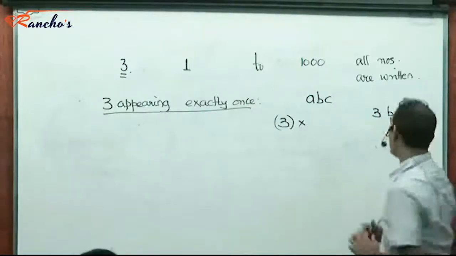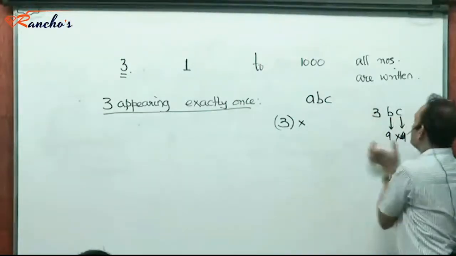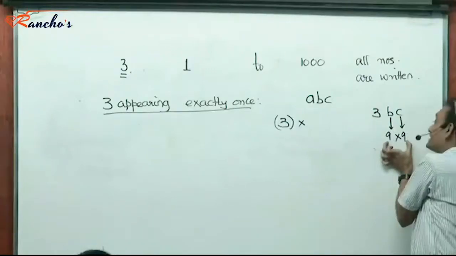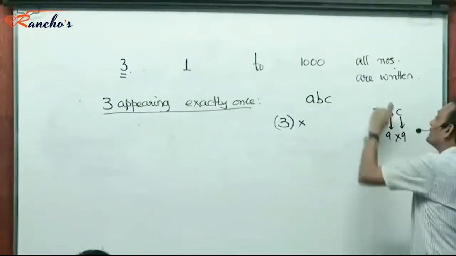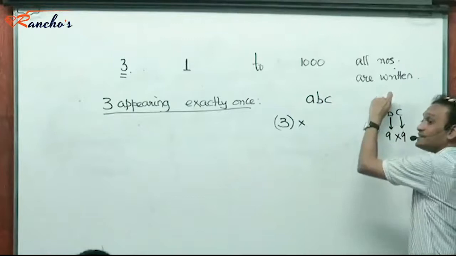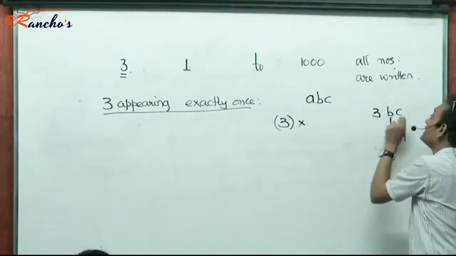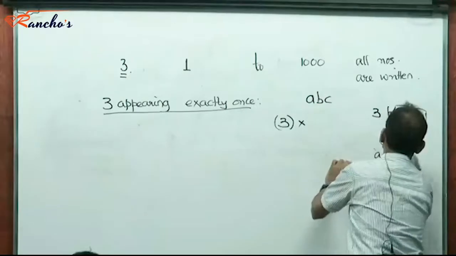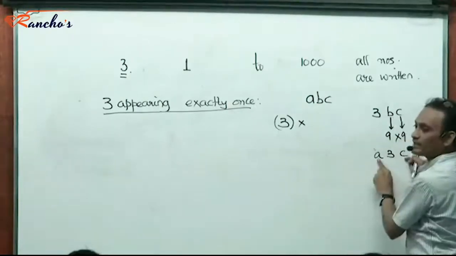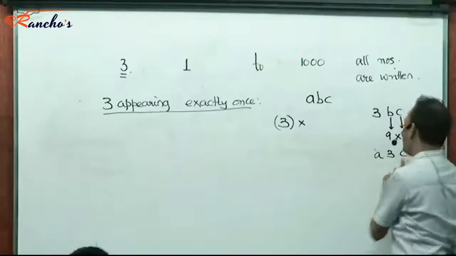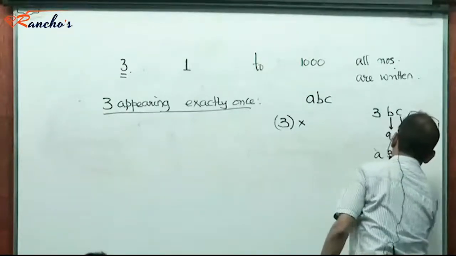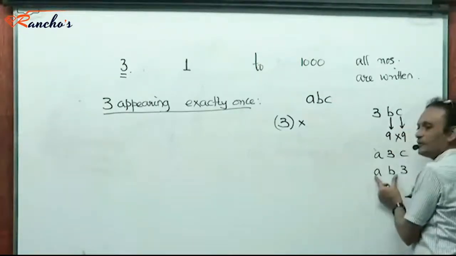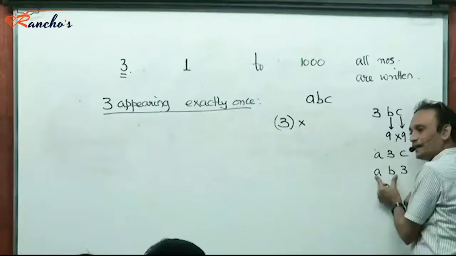Yes or no? That means with 3 appearing here, the number of ways in which the remaining 2 could be selected is 81. With 3 appearing here, the number of ways in which A and C could be selected is 9 into 9, 81. With 3 appearing here, the number of ways in which A and B could be selected is 9 into 9, 81.